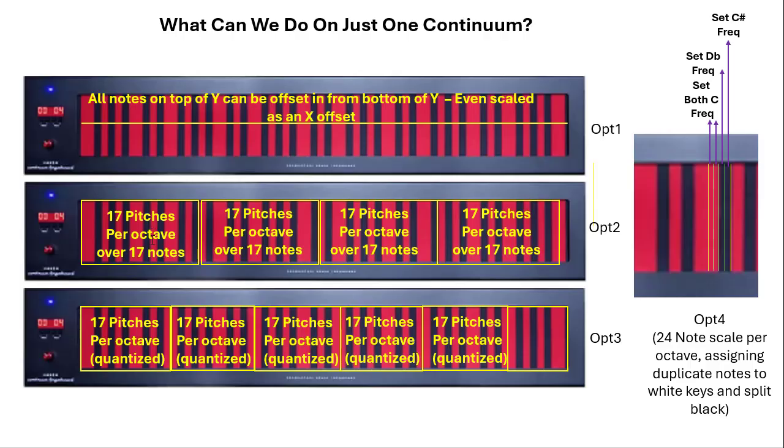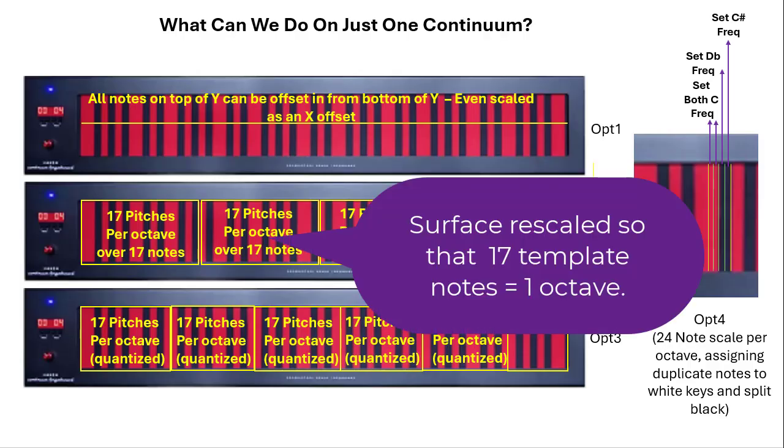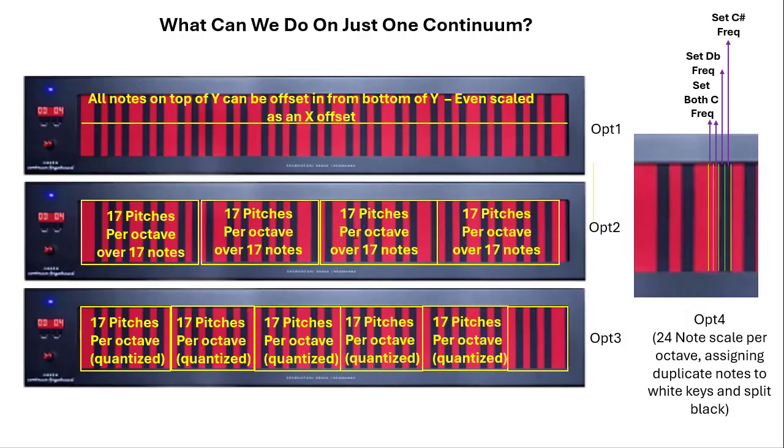I can create a set of 17 pitches, and in those 17 pitches, I can iterate that, and each of those 17 pitches can support whatever the micro tuning I need from my 17 tone scale. Of course, this isn't really what is wanted either. Here you'll have to figure out how to ignore the surface and play where your pitches are for each of the 17 notes per octave.